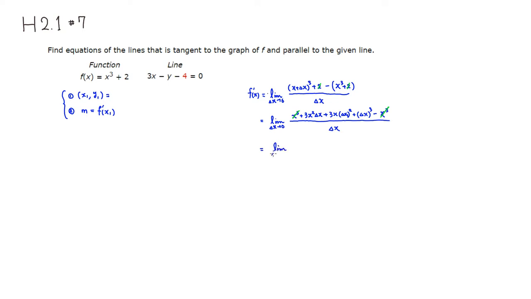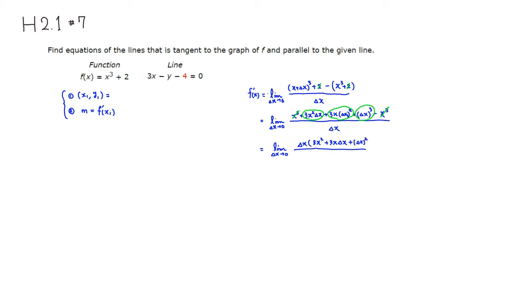So limit as delta x approaches 0, delta x is pulled out, and what's left is 3x squared from this term, plus 3x delta x, and then from delta x cubed you're going to have delta x squared.